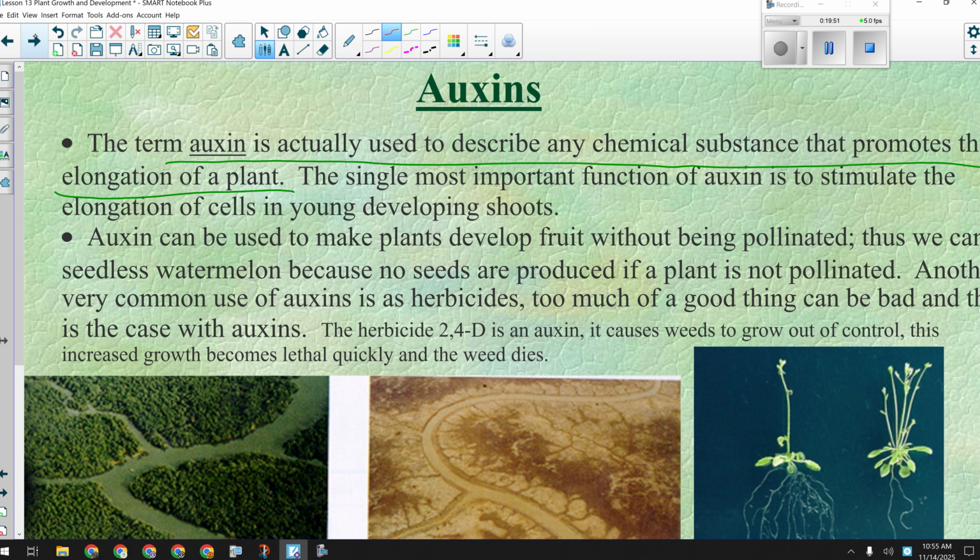Now, plant hormones are chemically very similar to animal hormones. Okay? They cause a response in the cells. They do whatever it is that that hormone signals for. So for auxins, they signal for elongation.